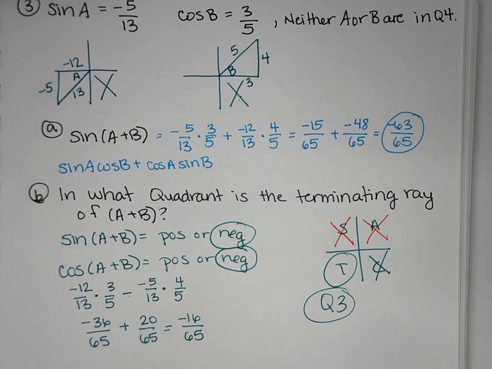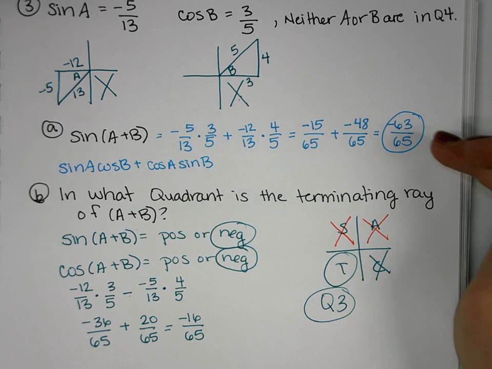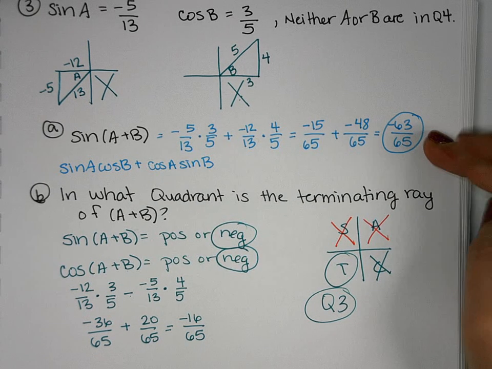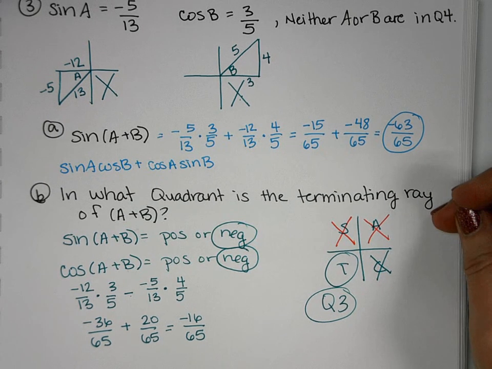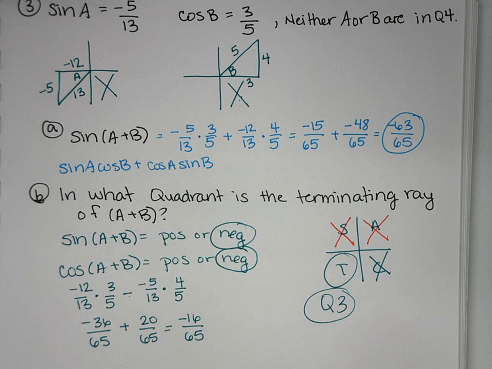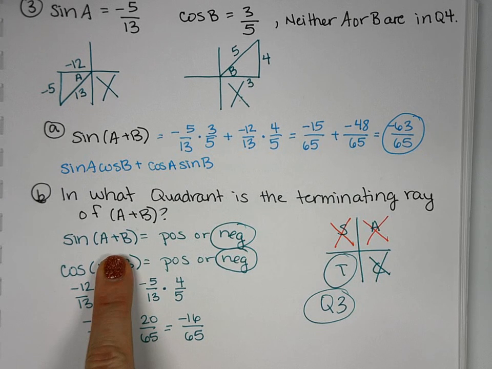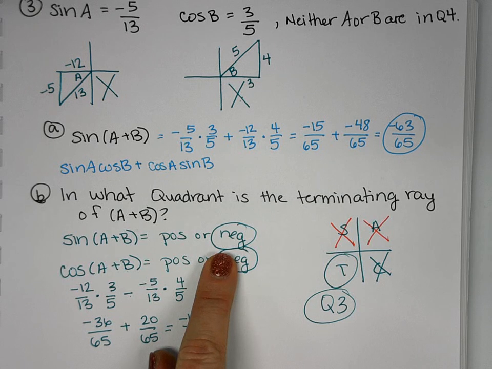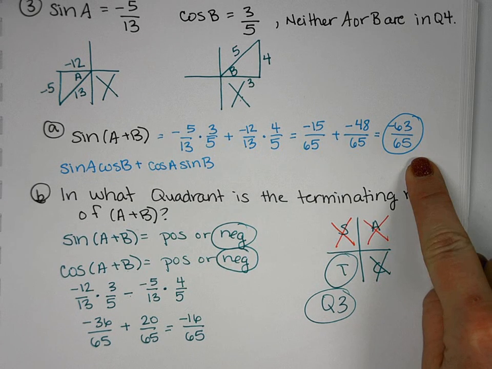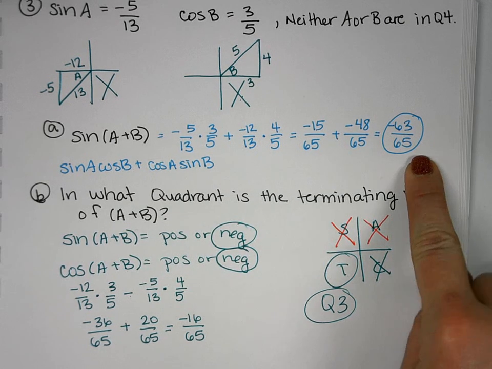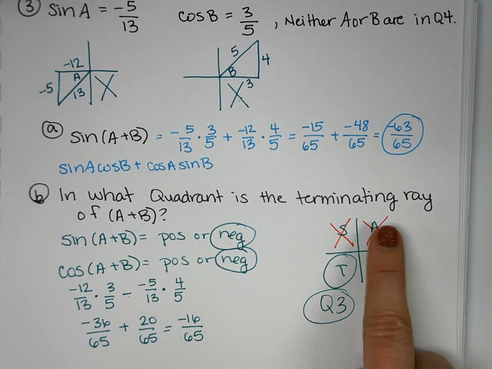Okay, so again, after we found our sine of A plus B, when you're asked to find which quadrant the sum is in, you find the sine of A plus B and determine if it's positive or negative. Well, we did that in part A, so I didn't redo the work for it. Because it was negative, I know it can't be in these two quadrants.